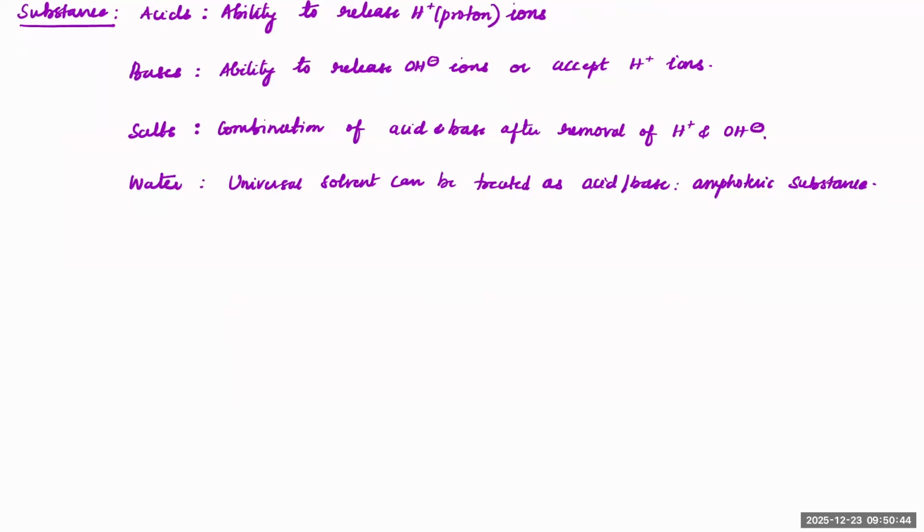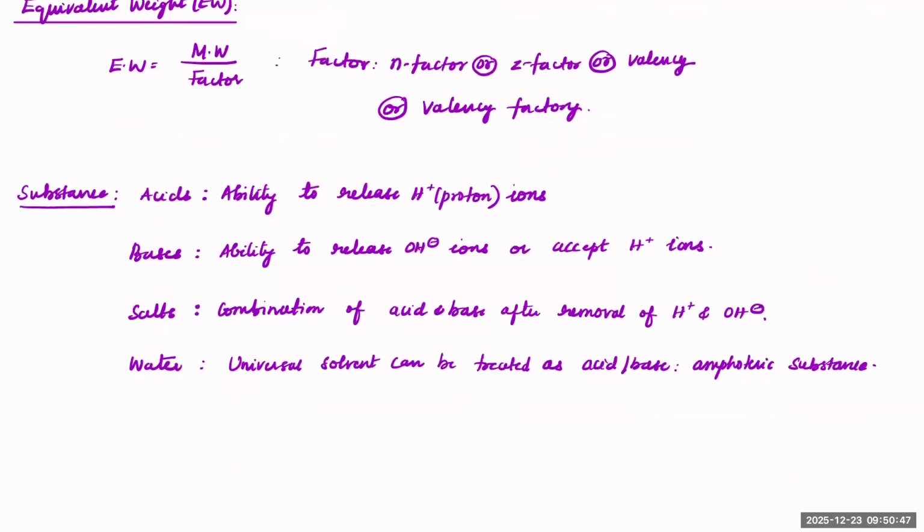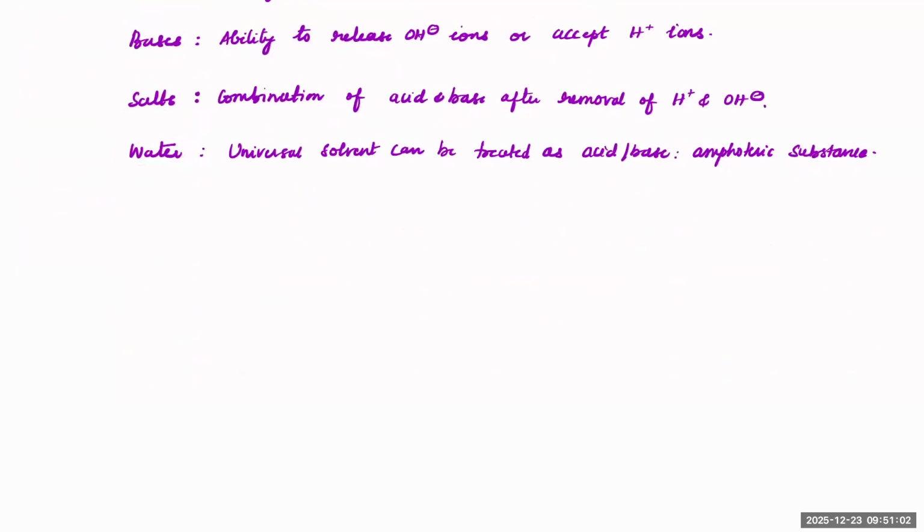Yes, sir. Right. Now, to calculate the equivalent weight of a substance, first we need to understand its factor. The factor would be different for different substances, whether it is acid, base, salt, or water. So let's see valency factors for various substances.